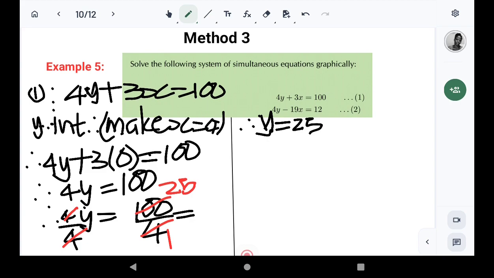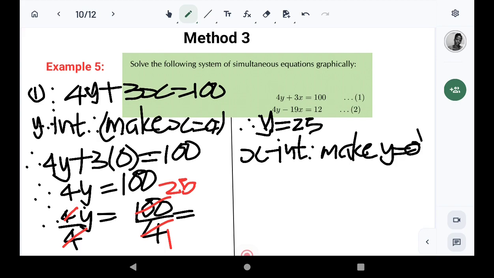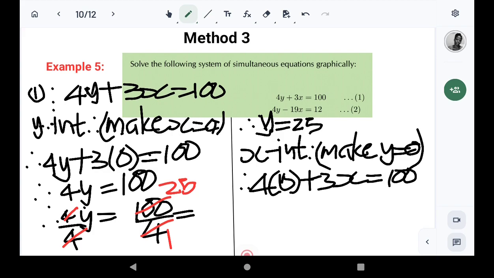And then for the x-intercept, you make y 0. X-intercept, you make y 0. Y-intercept, you make x 0. All right, so you go 4 times 0 plus 3x equals 100.